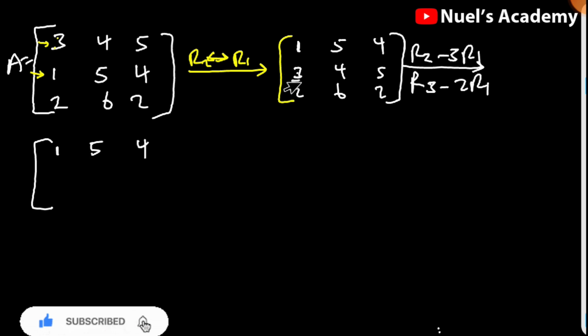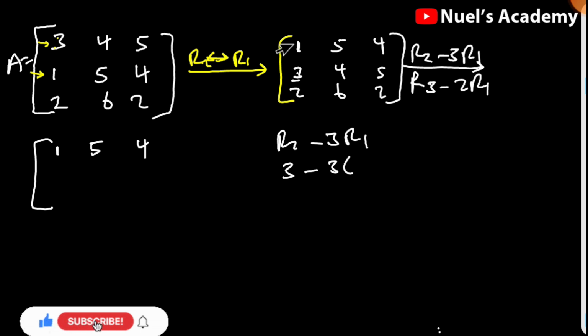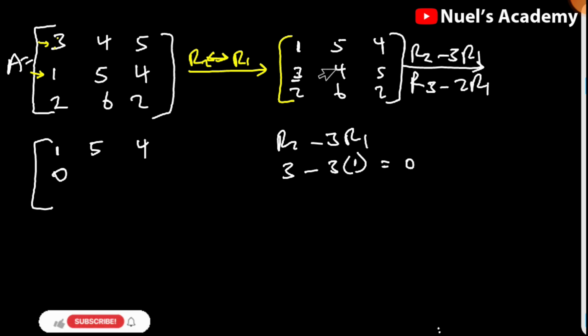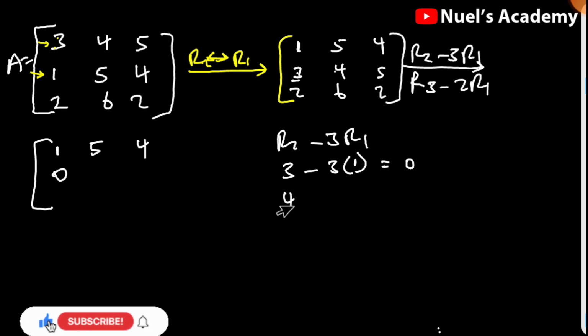Then for row 2, let's apply this row operation. We have row 2 minus 3 times row 1. So here row 2 is 3, then minus 3 times row 1 here is 1. So 3 minus 3 is equal to 0. So we write 0 here. Now for this second entry, which is 4, we write 4 minus 3 times row 1 here, which is 5.